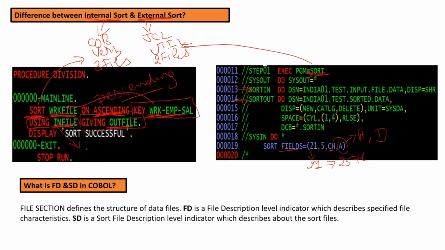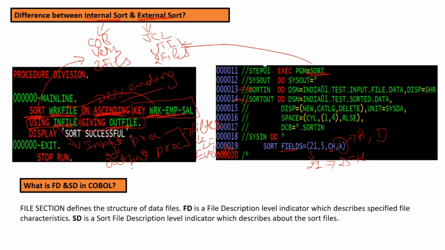Like we have the input procedure here, and in place of this we have the output procedure. And what we can do is filter the data in these procedures. Like we can use the if condition, or we can use the evaluate statement.